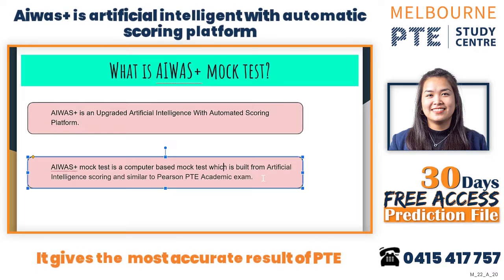So whatever you do on AIWAS is going to show you a similar score compared with the PTE exam. Next, I will show you what the AIWAS mock test looks like.